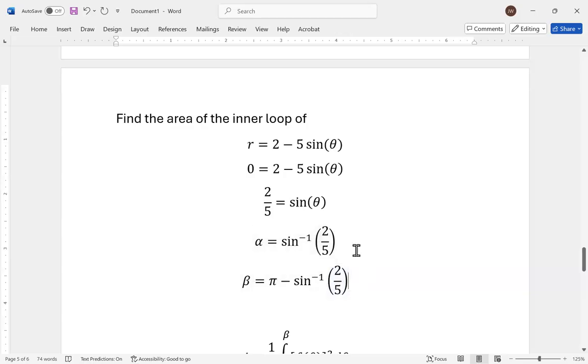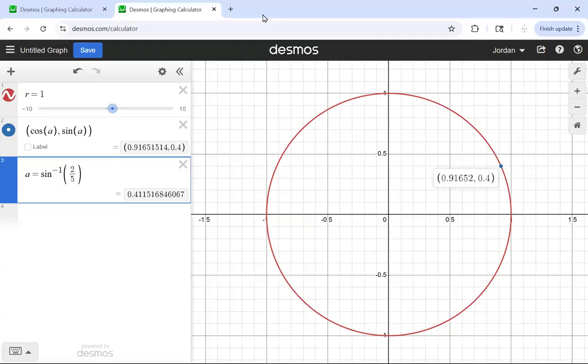Again, remember how that works on the unit circle. Hopefully you remember how that works. If you do forget, just let me remind you that if we have the unit circle, that's a circle of radius 1 centered at the origin. And if I found the inverse sine of 2/5, that means we're at this angle here, where the sine value or the y value was 2/5.